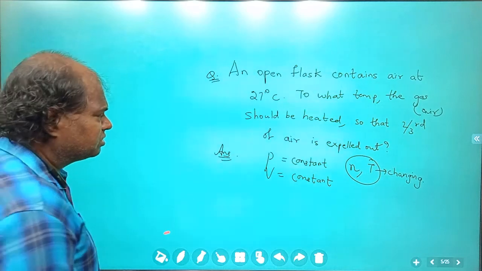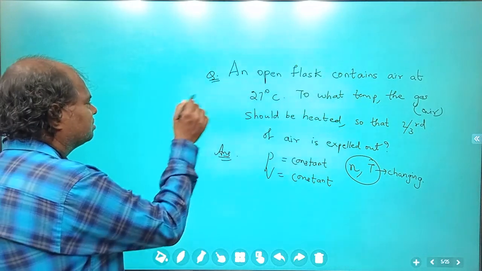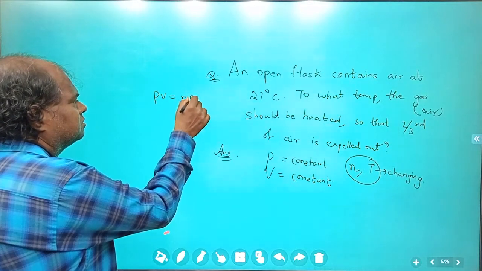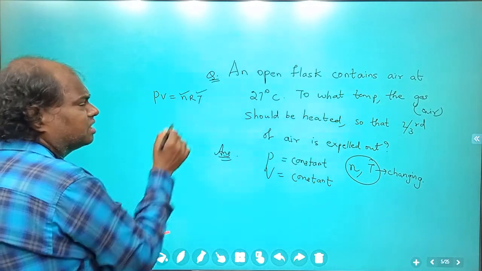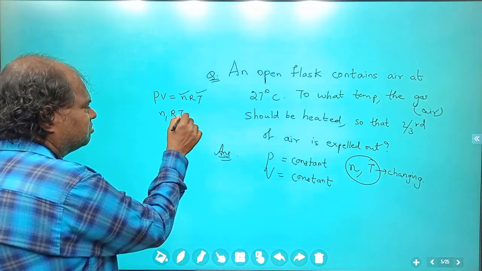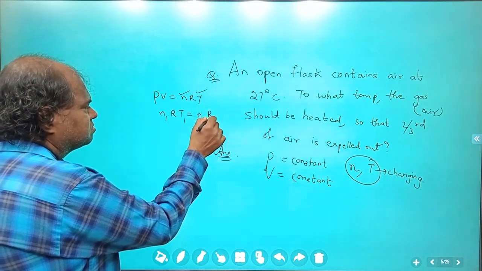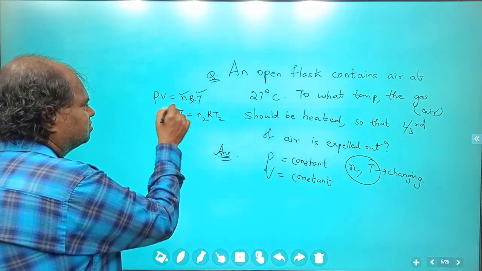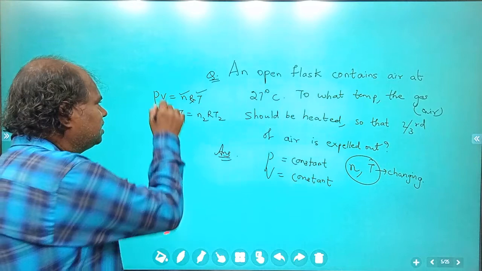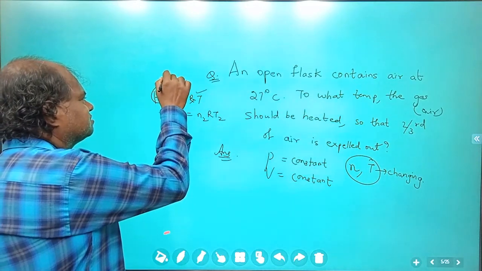Number of moles, temperature. So what is the relationship we'll use here? You know that PV is equal to nRT. Now only these two are changing, right? So can I say N1 RT1 is equal to what? N2, P1 N1 RT1 is equal to N2, because P and V are constant, right?